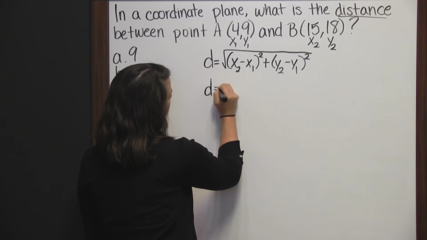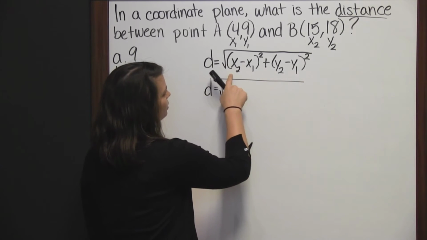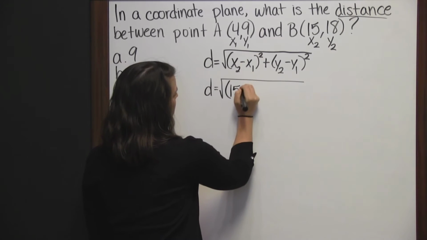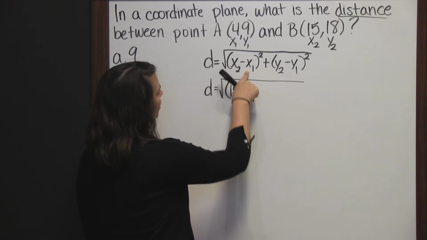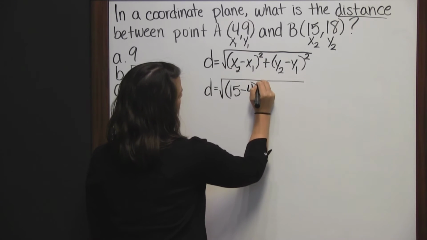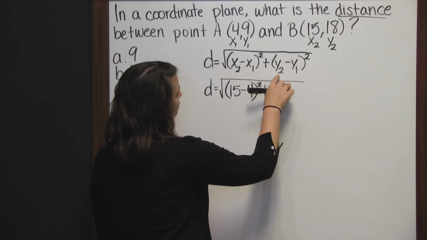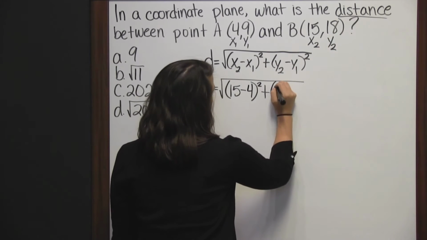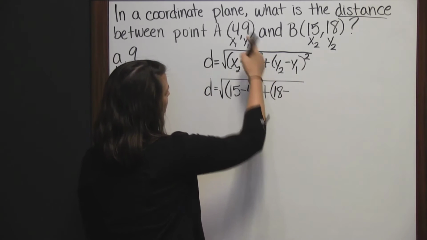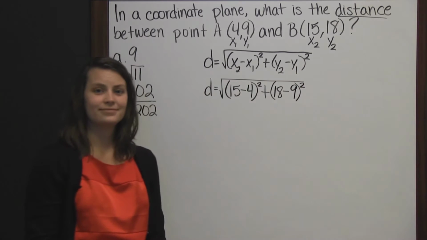So distance equals the square root of x2 is 15 minus x1 is 4 squared plus y2 is 18 minus y1 is 9 squared.